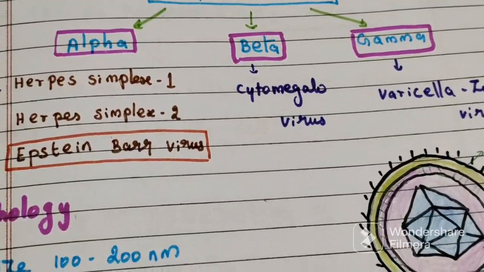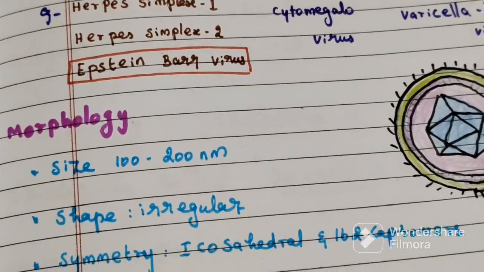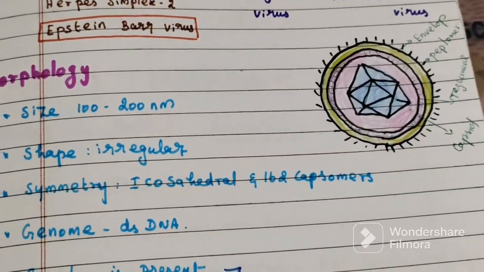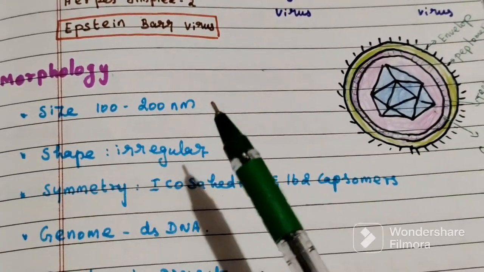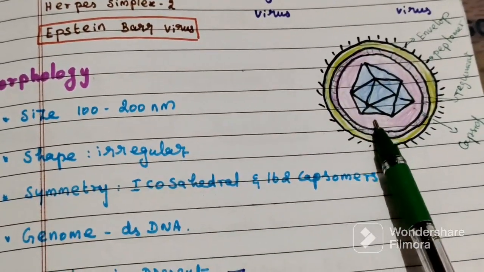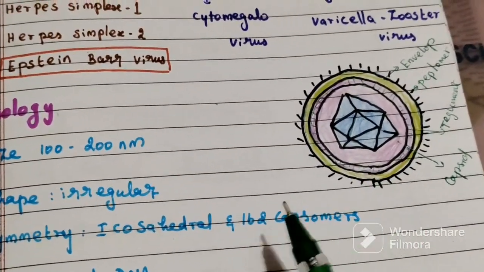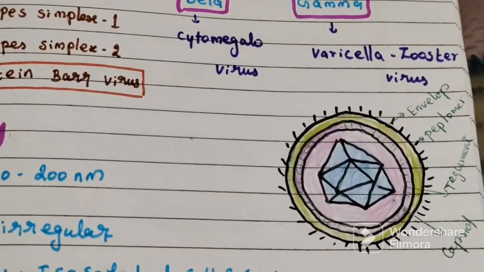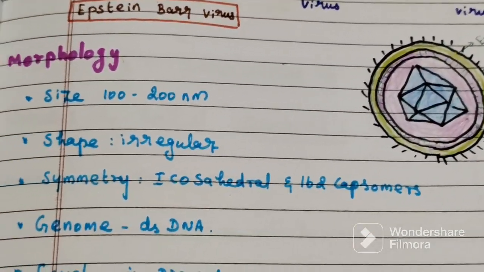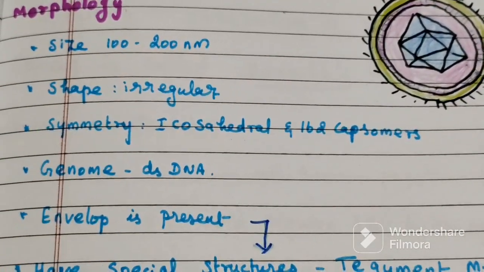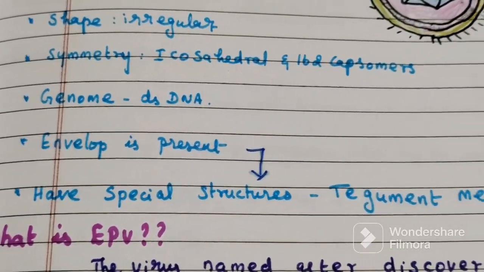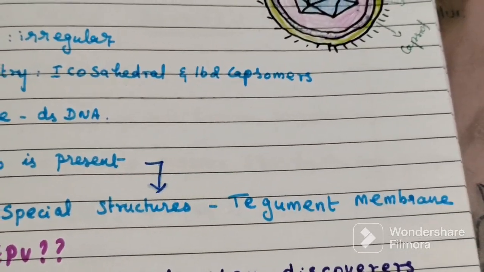What is Cytomegalovirus? Its morphology is similar to Epstein-Barr virus. Size 100 to 200 nanometer, shape irregular, with icosahedral symmetry with 162 capsomeres. The genome is double-stranded DNA, and an envelope is present. It has a special structure called tegument.